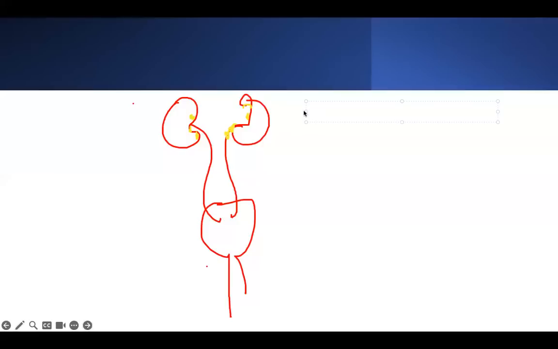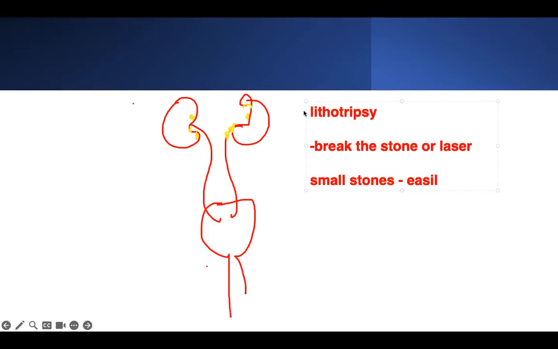There's a procedure we can do to help with that. We call it lithotripsy. Basically, breaking the stone with laser. Break it with the laser, and that will take care of it. And when it happens, you form small stones that will be able to pass easily.